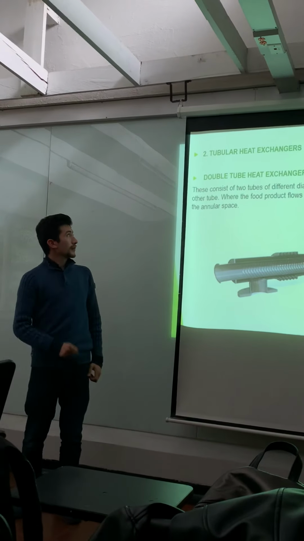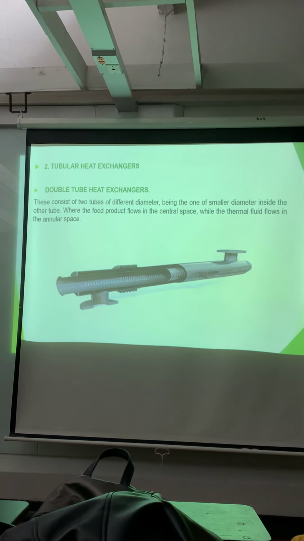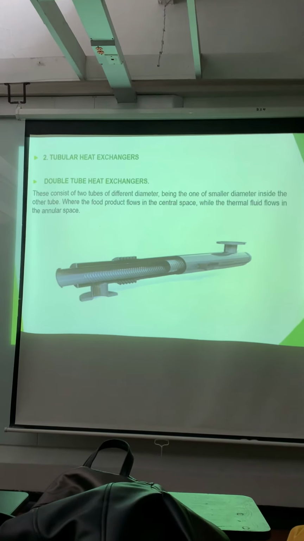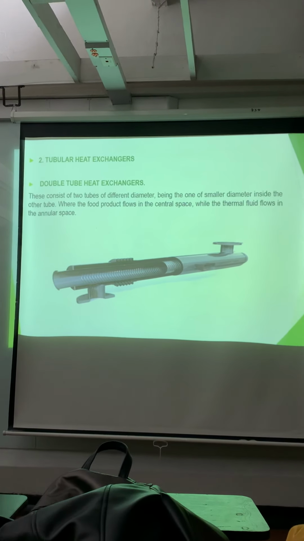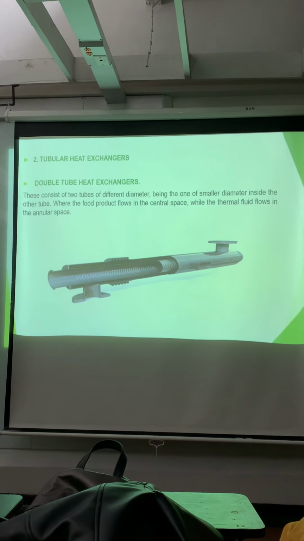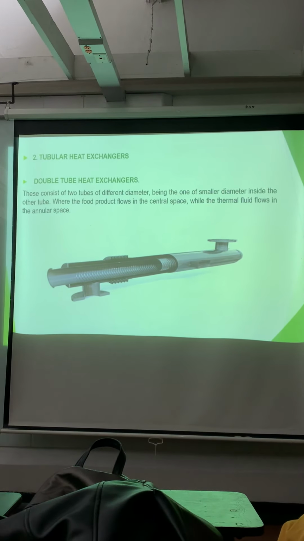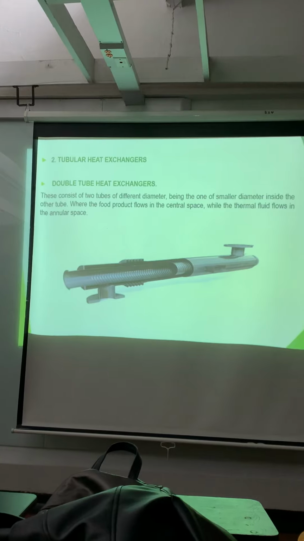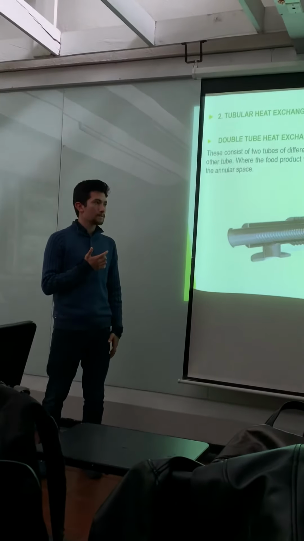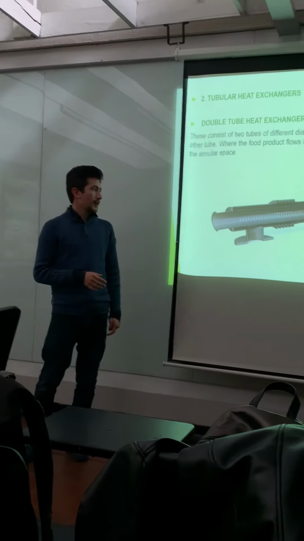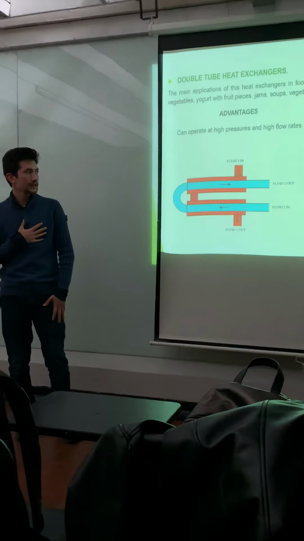Next. The second, tubular heat exchangers. The double tube heat exchanger is conformed of two tubes of different diameters, the smaller diameter inside the other tube, where the food enters in the central space and the thermal fluid flows in the annular space.